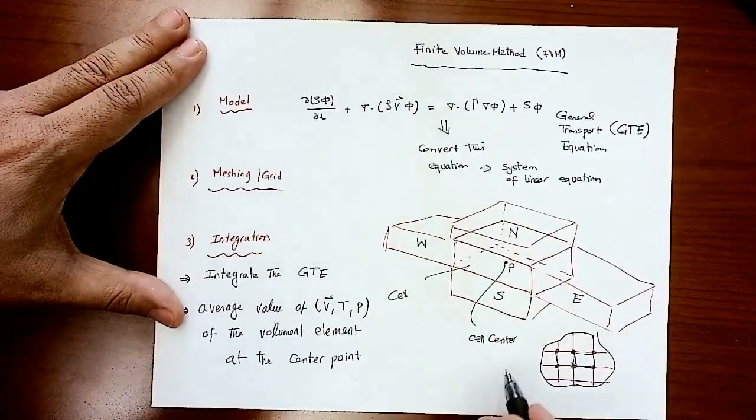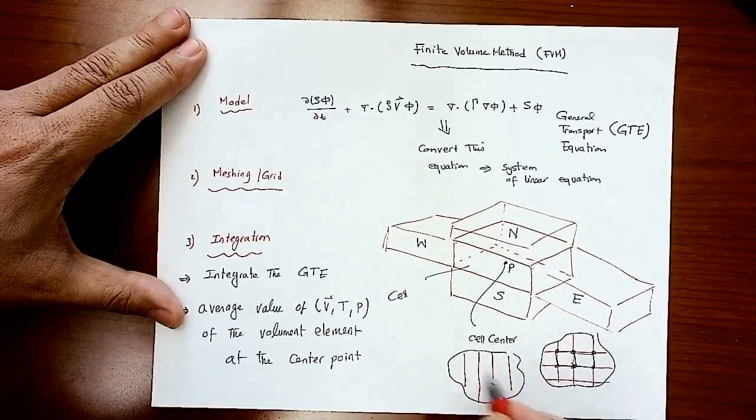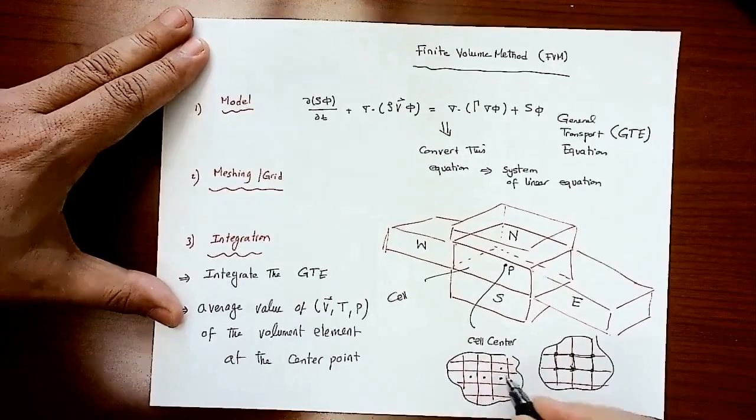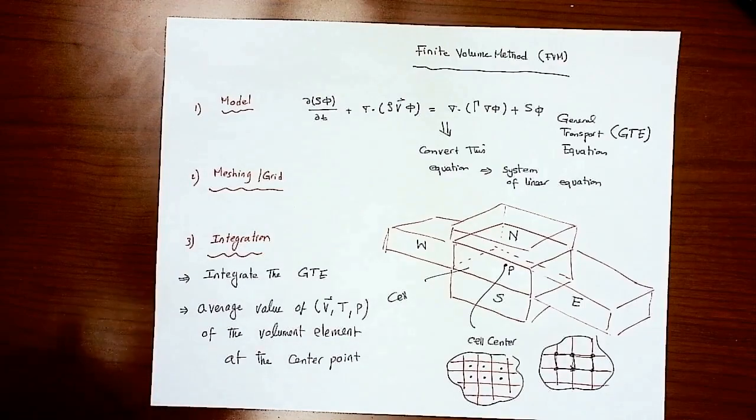In the finite volume method, we will not deal with the mesh faces or mesh boundaries, but the calculation will be carried out at the center point of each of these cells. And that's the major difference between the finite difference and finite volume methods. We are dealing with the center point of each cell all the time.